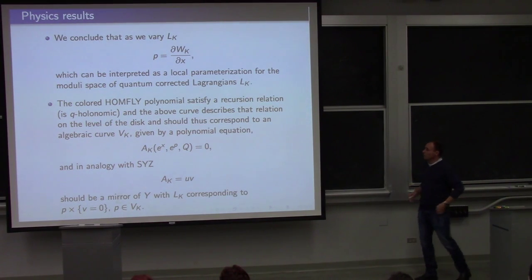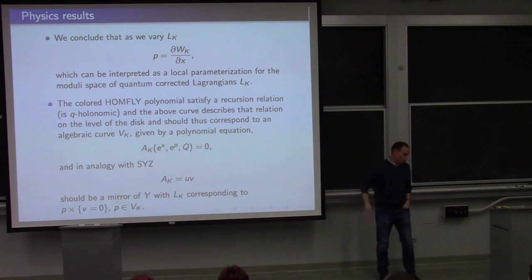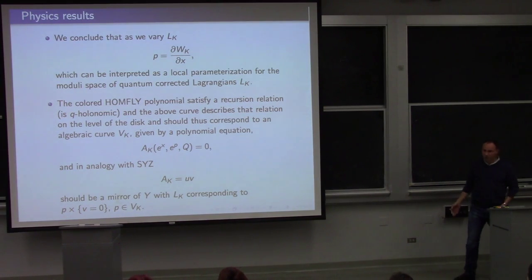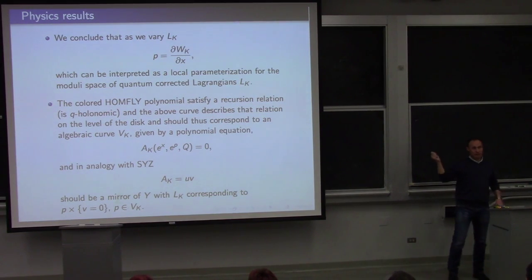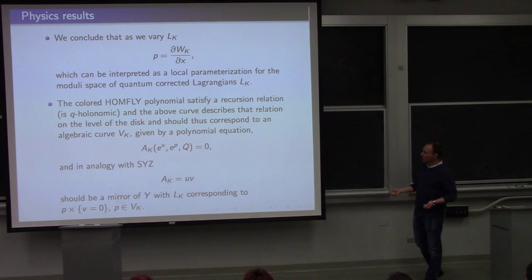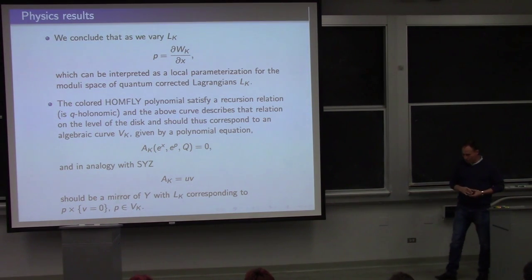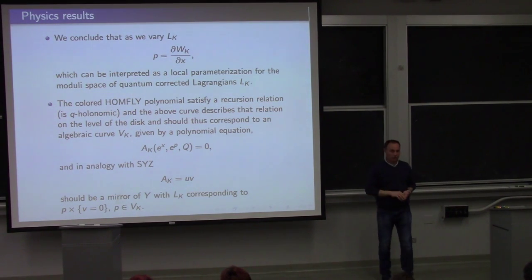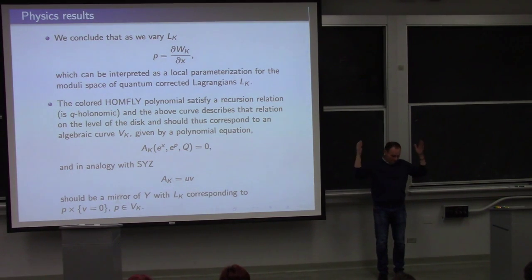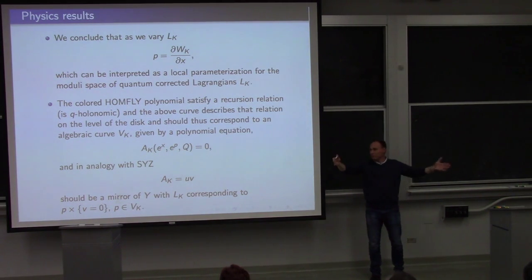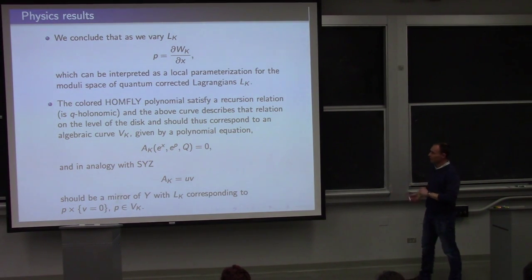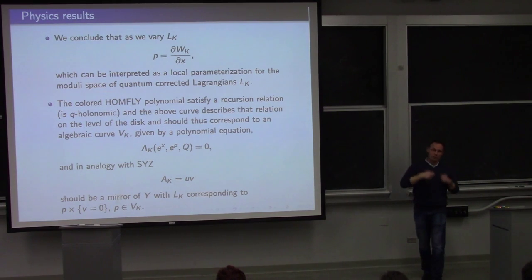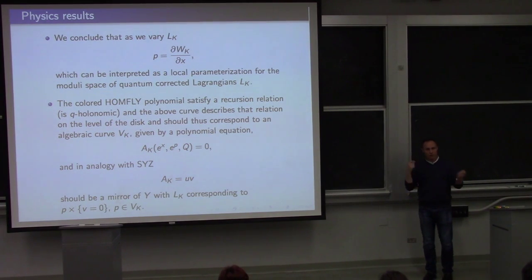But first I want to note that if you think about the Homfly polynomial, so after all, our wave function, the full wave function psi, is equal to the colored Homfly polynomial, and that's known to satisfy a certain recursion relation. So basically, it's determined by its first few pieces, and in particular, you can write it as a differential equation, if you wish, where the e to the p and e to the x look like these operators.